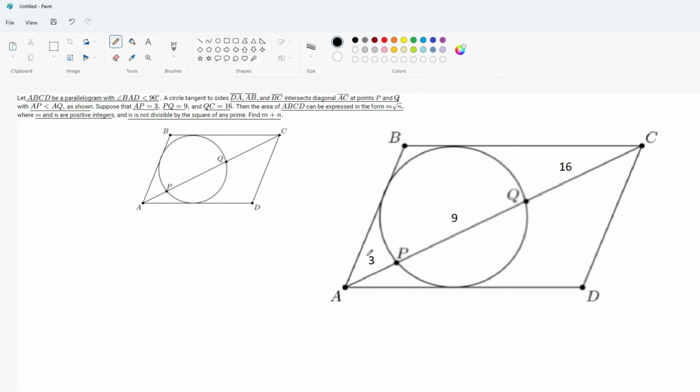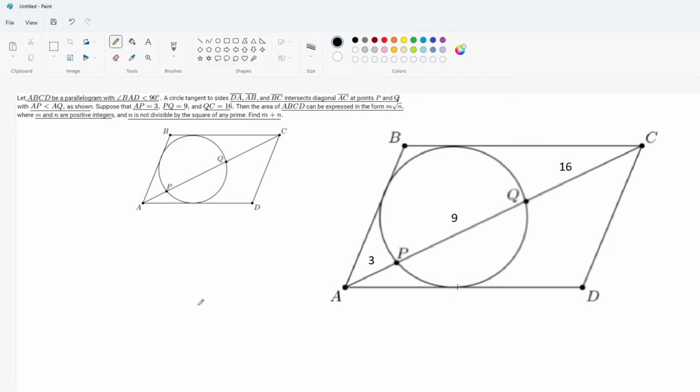The first thing that should stick out to you is we have lines intersecting a circle. So we have chords. So that should make you think power of point. What power of point identities can we use? Well, we can use the identity of power of point stating that AP times AQ is equal to the tangent squared.